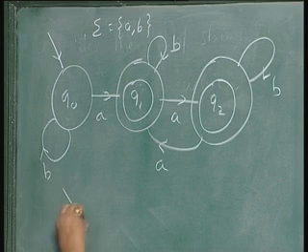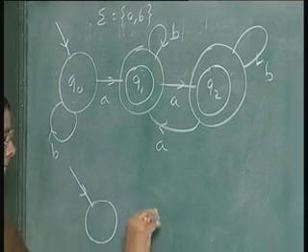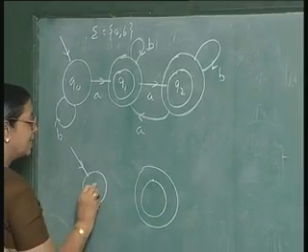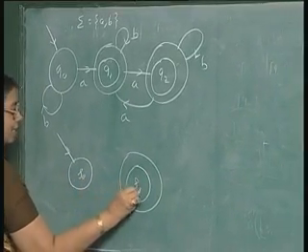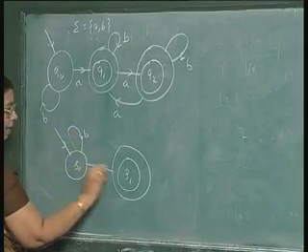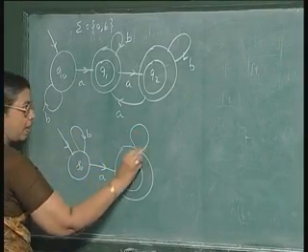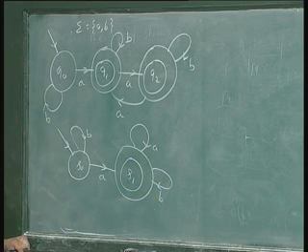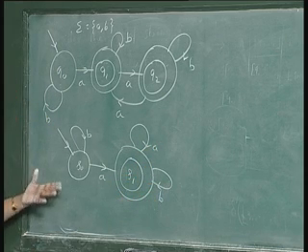Now look at this diagram. I will call the states just S0, S1 instead of Q0 and so on. B, A, A, B. What is the language accepted by this machine? It is the same.